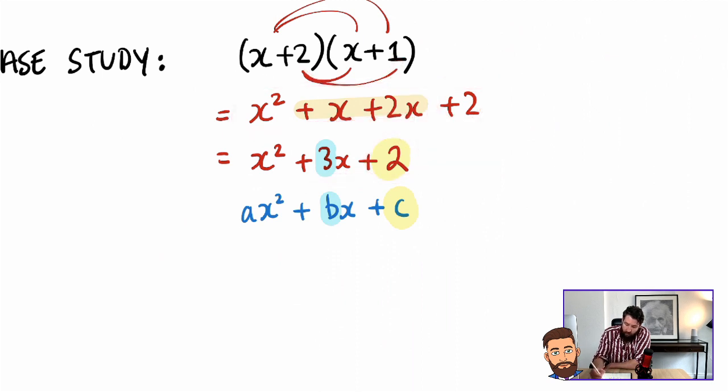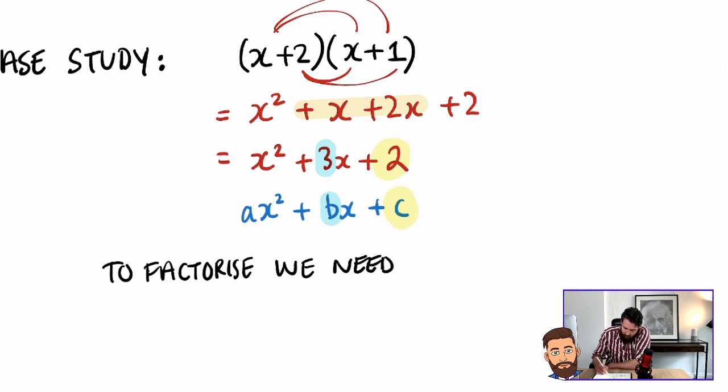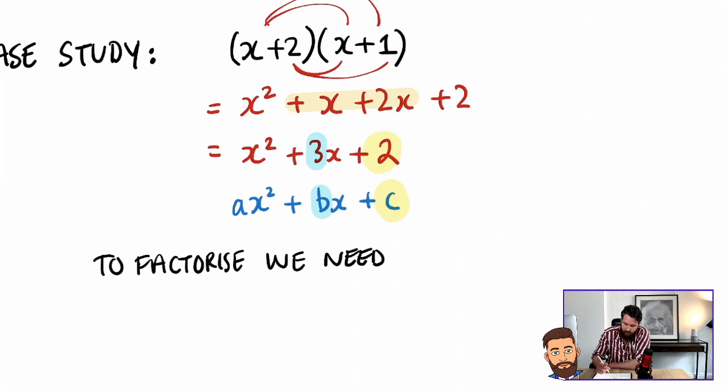So what could we say here? We could say that to factorize, and I'm going to use the a, b, and c notation here, I think it's really useful for you to understand.